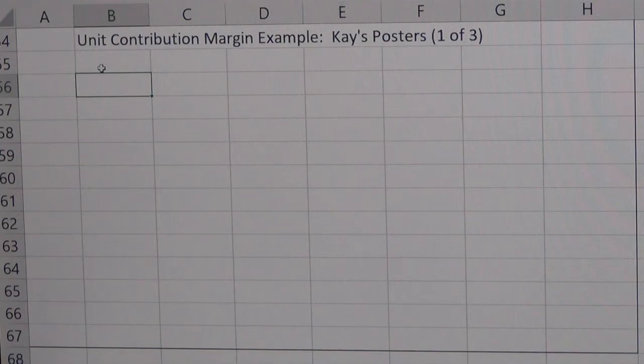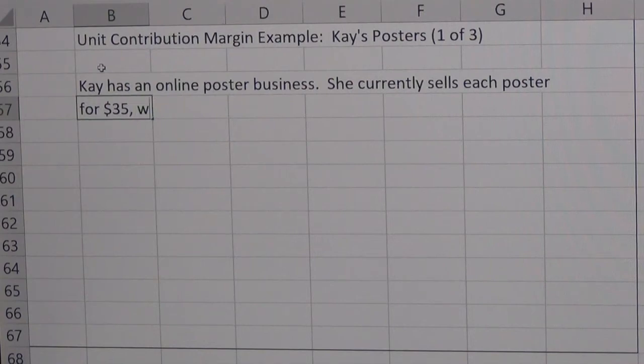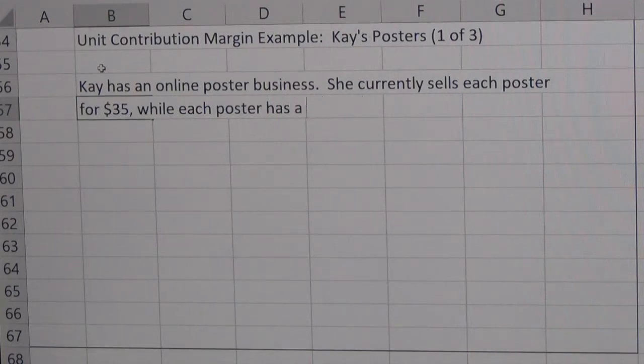All right, so it appears that K has an online poster business. She currently sells each poster for $35, while each poster has a variable cost of $21.